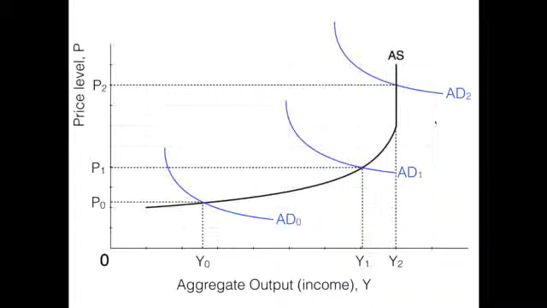And also the fact that companies might have to build new plants, buy new capital, buy new machinery, which will also put upwards pressure on those prices. So that's why when we go from aggregate demand curve 1 to aggregate demand curve 2, we see a small increase in aggregate output/income, but we see a dramatic increase in the price level.